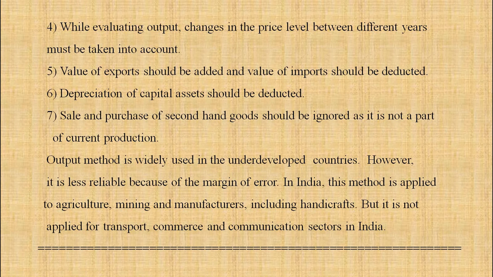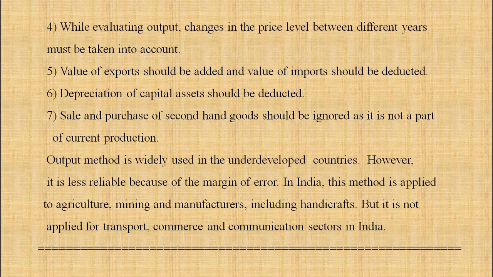Other precautions: while evaluating output, changes in the price level between different years must be taken into account. Value of exports should be added and value of imports should be deducted. Depreciation of capital assets should be deducted. Sale and purchase of second-hand goods should be ignored because it is not a part of current production.